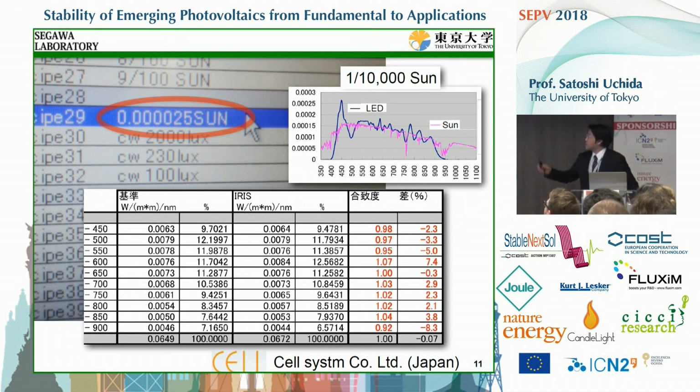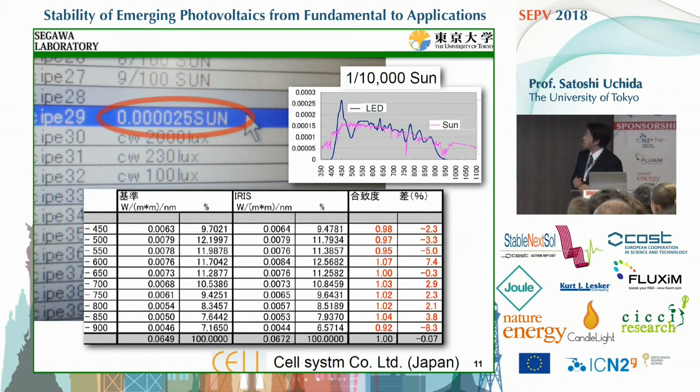This is one example. For our purpose, we keep 1 sun, or air mass 1.5, as a benchmark, and then control the intensity only, keeping the same shape.